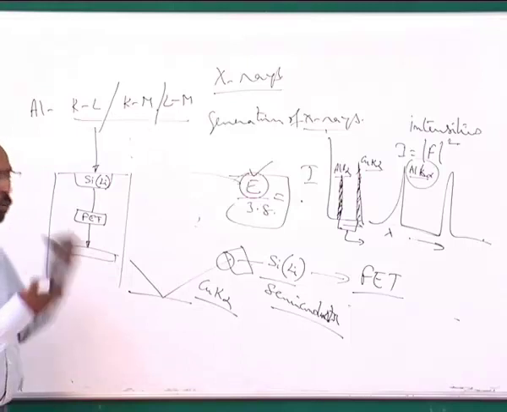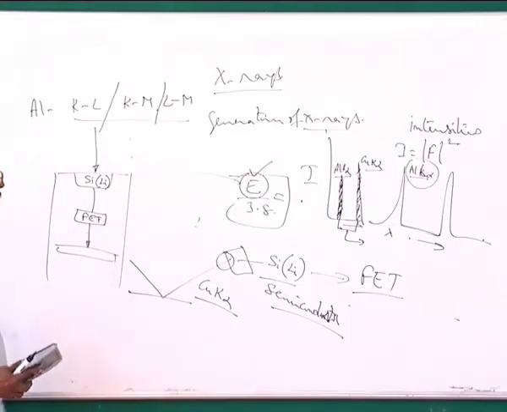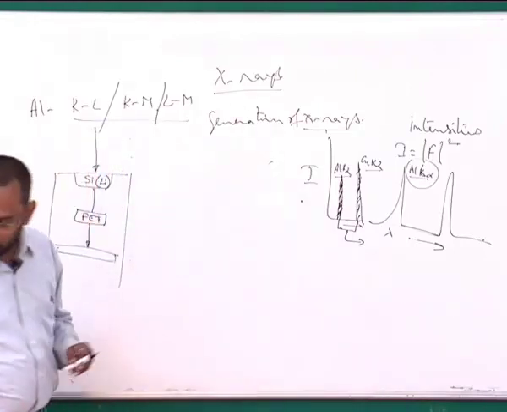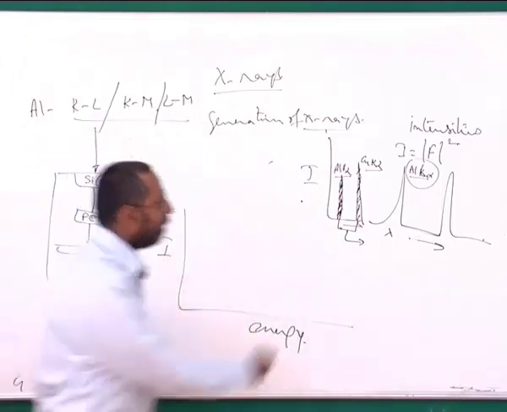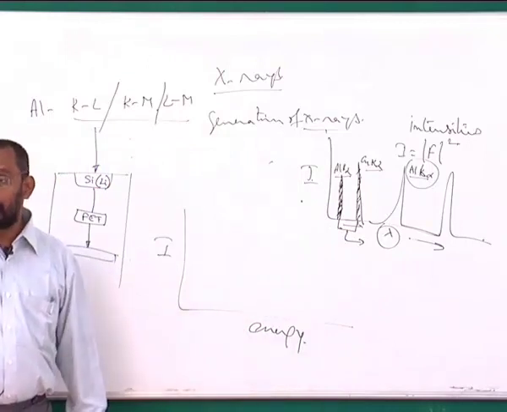So you are actually going to measure the total number of such electron hole pairs that are generated, and from that you basically convert this into what is called energy versus intensity. Instead of lambda versus intensity, you are simply going to plot energy versus intensity.